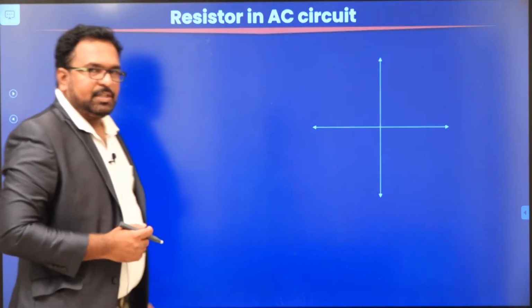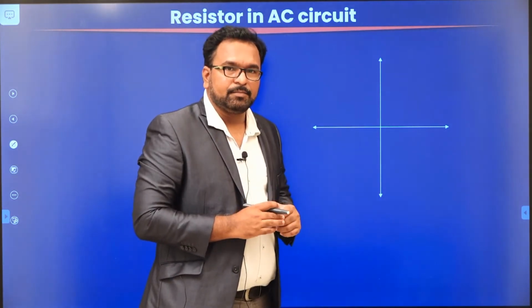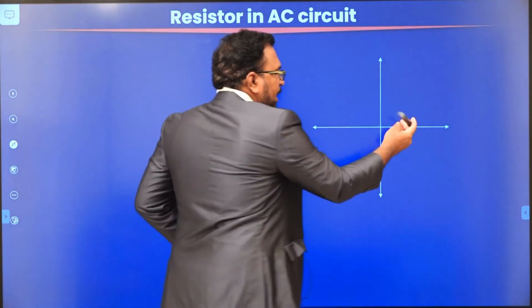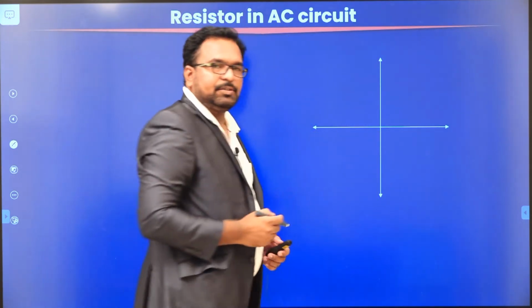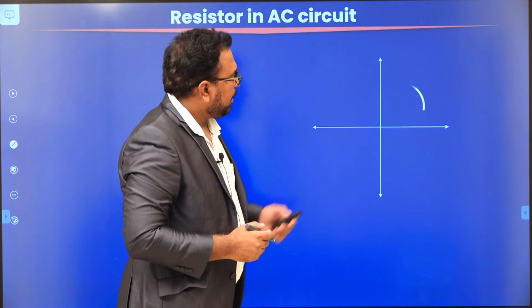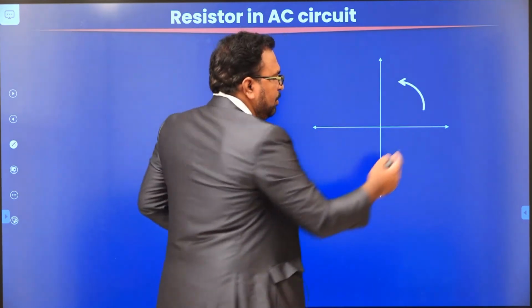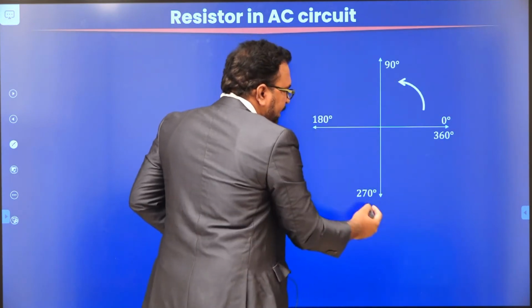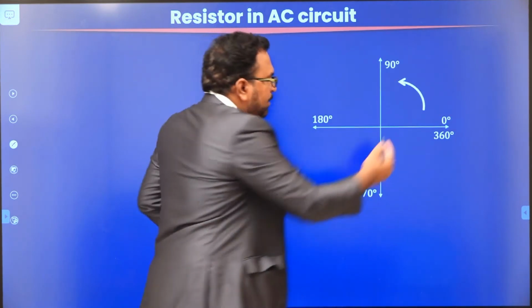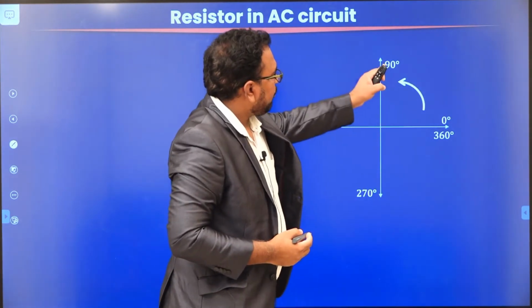In phasor notation, always remember that a phasor is nothing but a rotating vector. The rotating vector can rotate either in anti-clockwise direction or in clockwise direction. If a vector is rotating in anti-clockwise direction, we start at 0 degrees, then 90, 180, 270, 360. That means when you rotate in anti-clockwise direction, the angles are positive values.